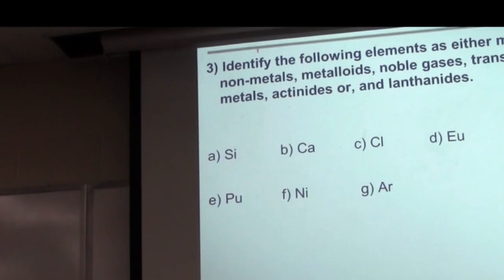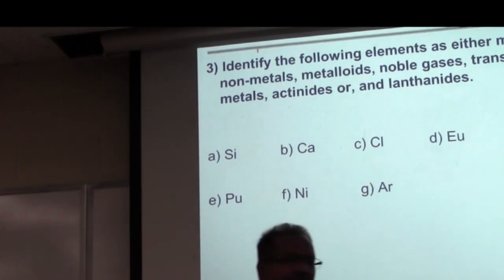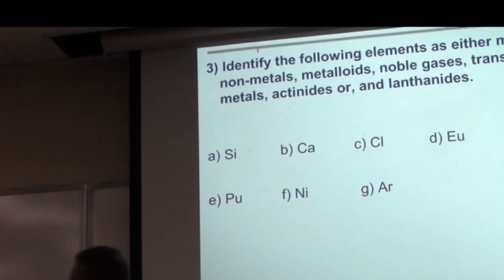Europium, look in the periodic table where europium is. Lanthanide. Right. PU, I forgot the name. Okay, PU, oh yeah, that's the actinide. Nickel, transition. Argon, noble gas. Yeah, this thing is pretty easy, all right?